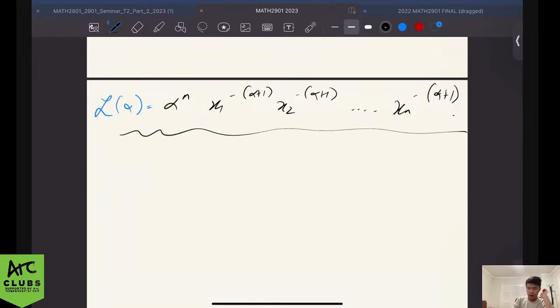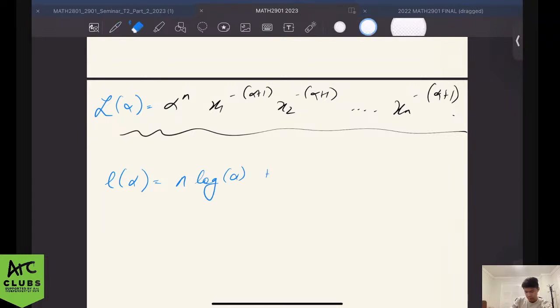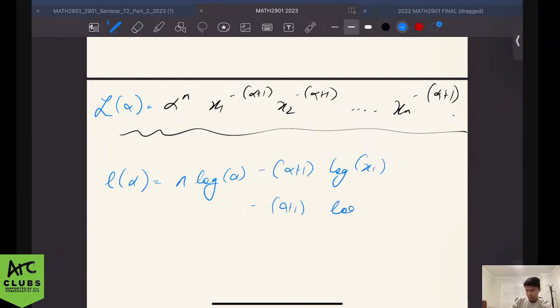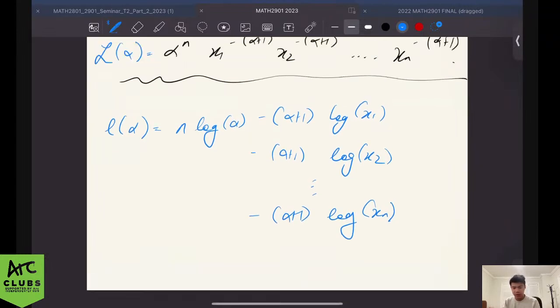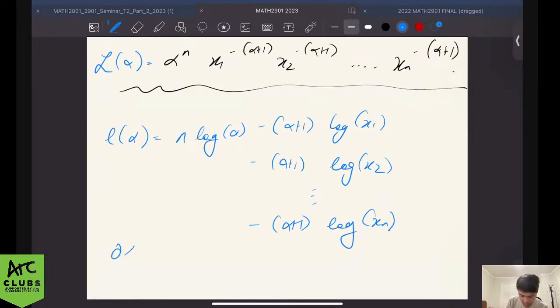So we'll take the log likelihood. Products turn into sums. So you've got n log alpha plus minus alpha plus 1 log x1 minus alpha plus 1 log x2, and so on and so forth. Now the benefit of doing the log likelihood comes in, because now you can differentiate quite easily.